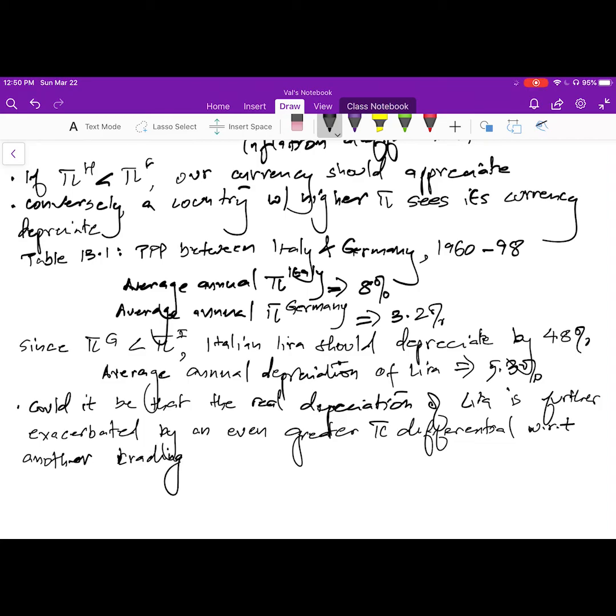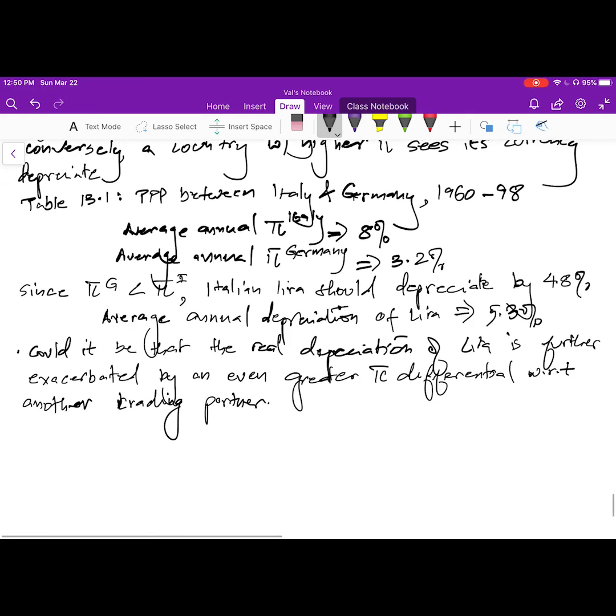In other words, let's say Italy traded a lot more with France than it did with Germany. Let's say it only did 25% of trade with Germany and 75% of trade with France.